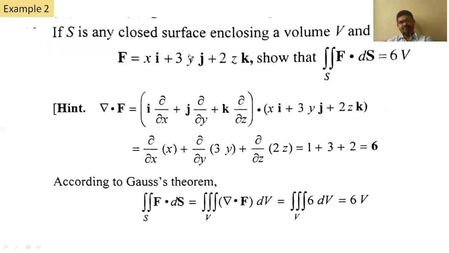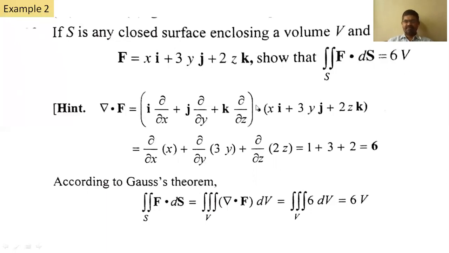Let us go for the second example. If S is any closed surface enclosing a volume V, and the surface is represented with a vector function F equal to xi plus 3yj plus 2zk, show that the double integral over S of F dot dS equals 6V.